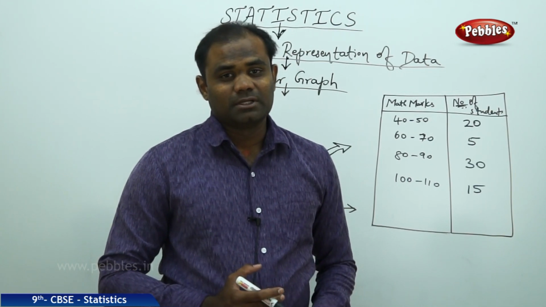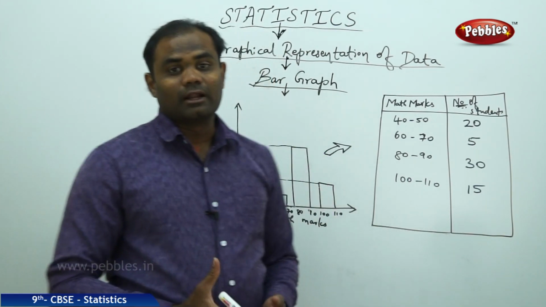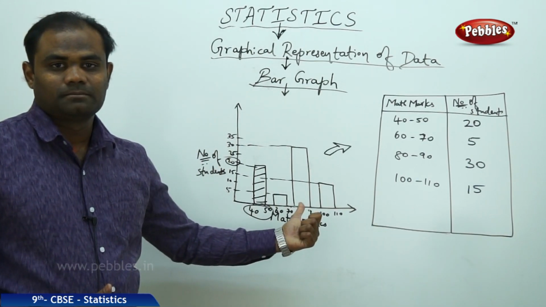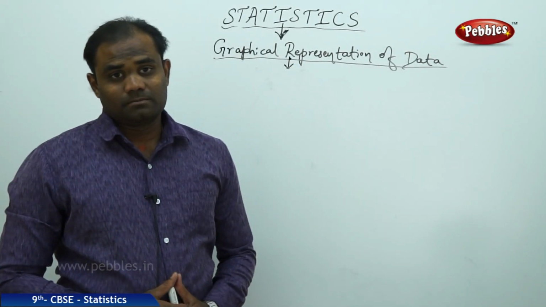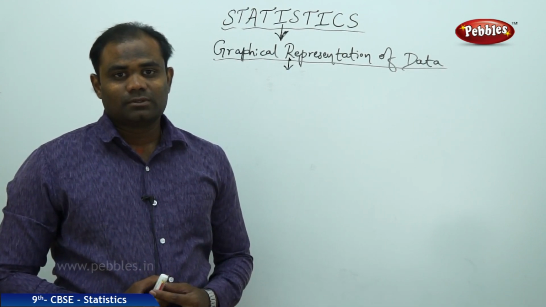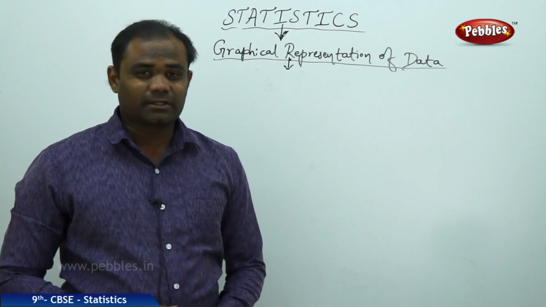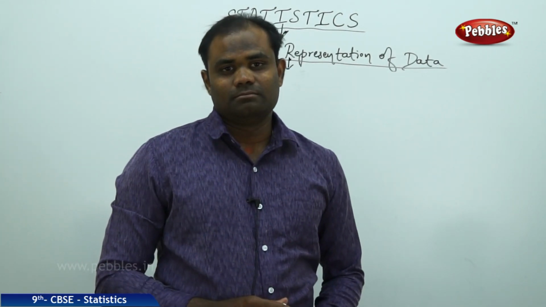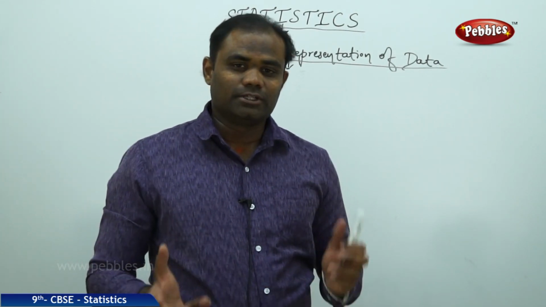Bar graph helps me in analyzing the data in graphical representation. Now that we have discussed about the first graphical representation, let's get into histograms, which is the second graphical representation. Bar graphs followed with histograms.